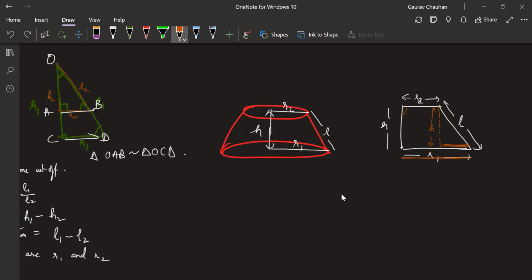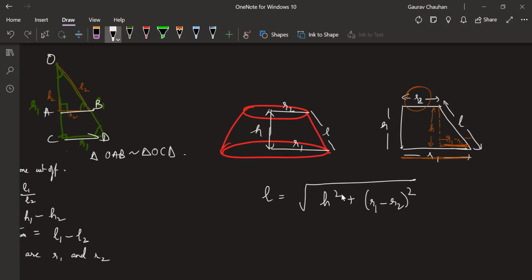Because I formed this rectangle, this much will also be R2, so this will be R1 minus R2. So L is equal to root over this square plus this square, root over H square plus (R1 minus R2) whole square.